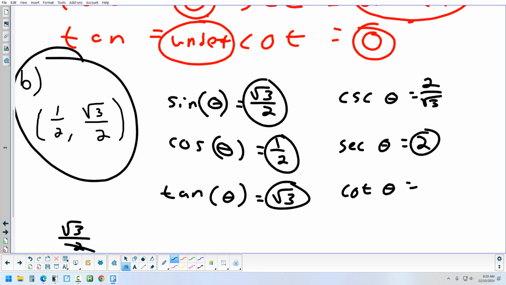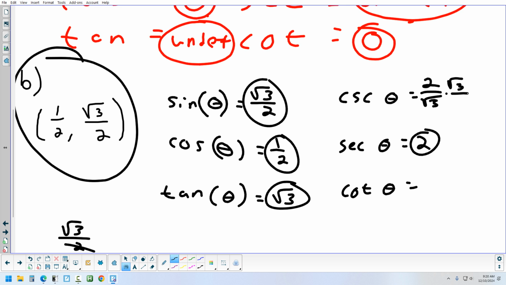So how do we rationalize or fix having the square root in the bottom? Remember what you multiply by to do that? Would you multiply it by the square root of 3 over 1? We can't do that because that would change the problem.